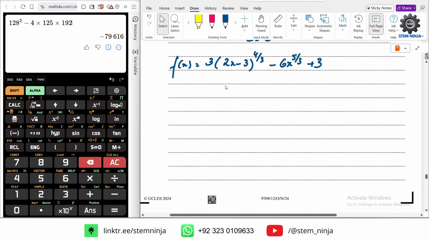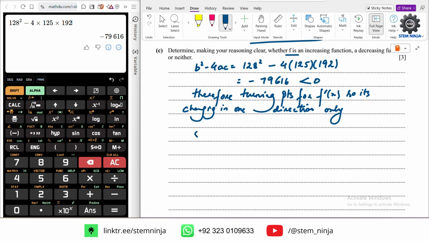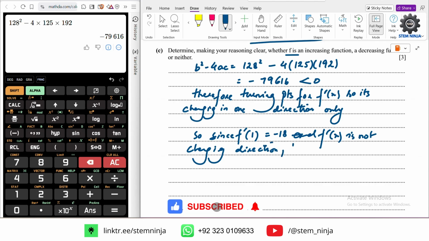So since f prime of 1 was negative 18 and f prime of x is not changing direction, therefore f of x is a decreasing function.